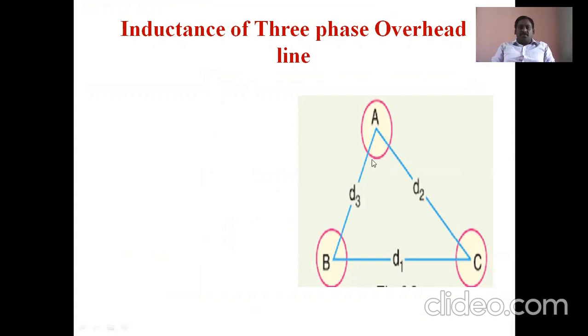The distance between A and B is D3, the separation between A and C is D2, and the separation between B and C is D1.